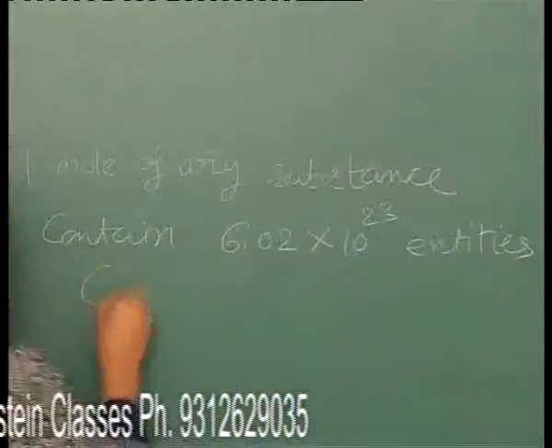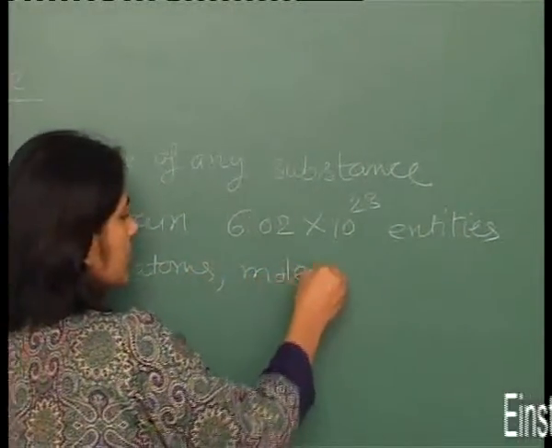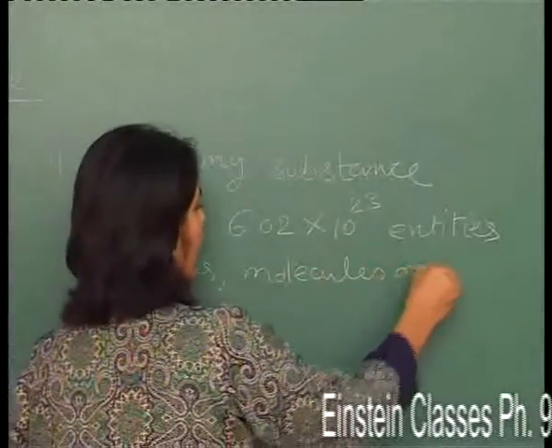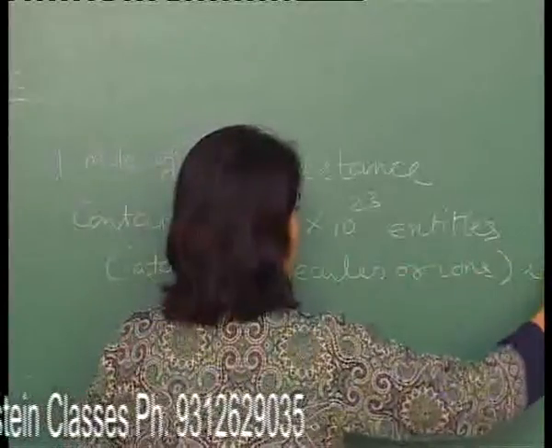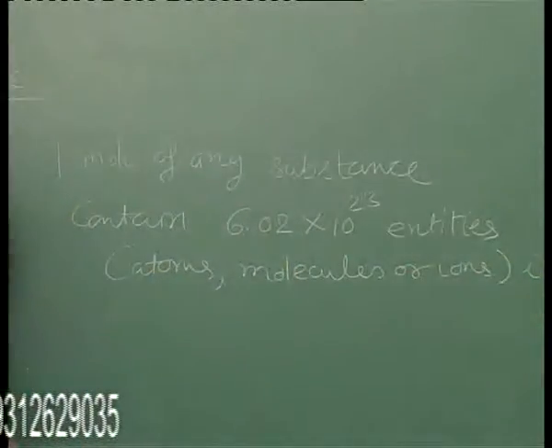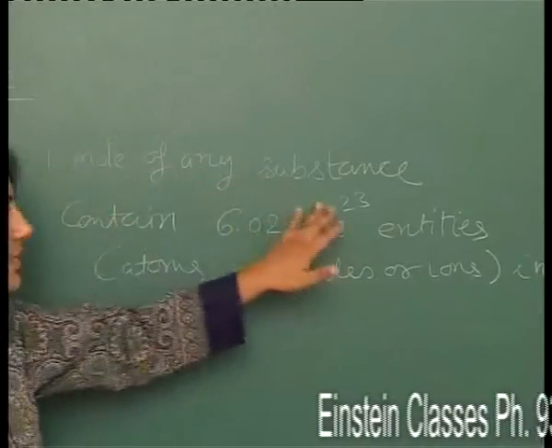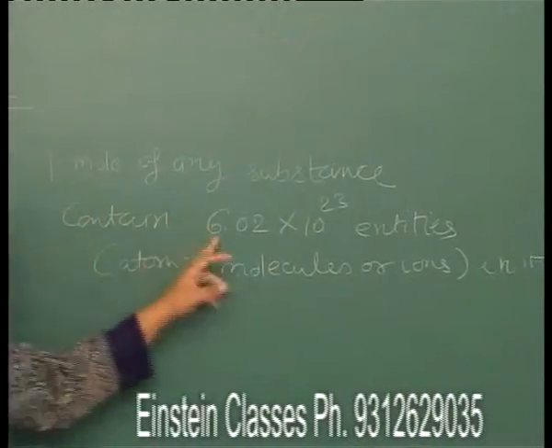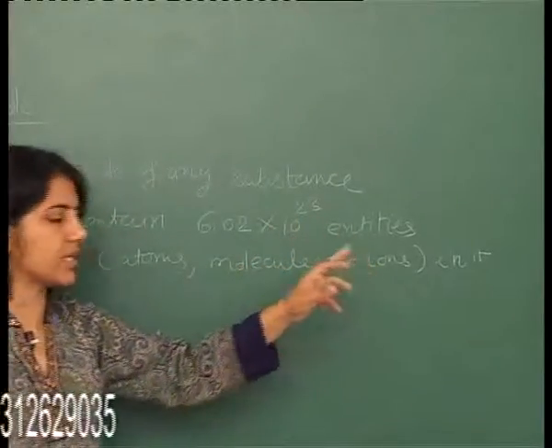Entities means atoms, molecules or ions in it. I am going to discuss this definition. 1 mole of any substance contains 6.02 into 10 raised to power 23 entities in it.